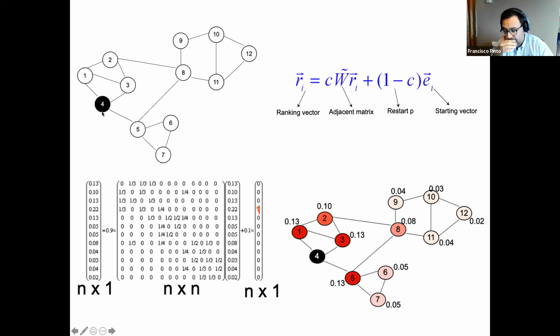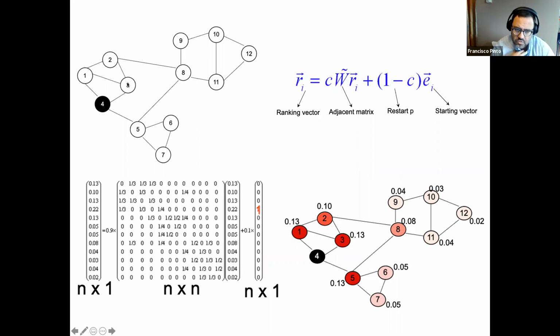So you randomly pick one, so you have 50% chances of being in 4 in the next time step, and then you have 1/6, right? It's 1/2 divided by 3, so it's 1/6. 1/6 probability of visiting 1, 3, or 5.